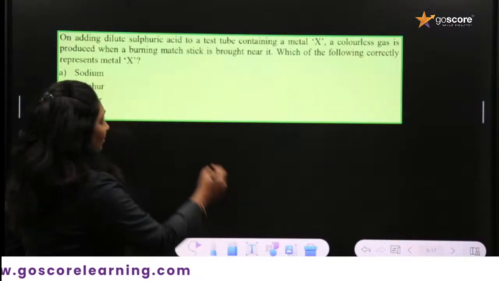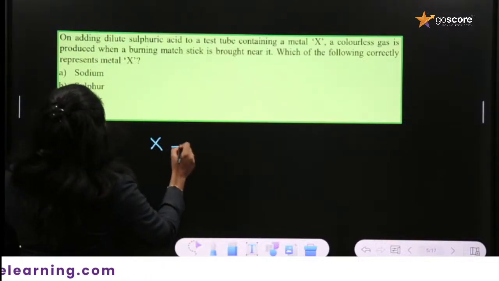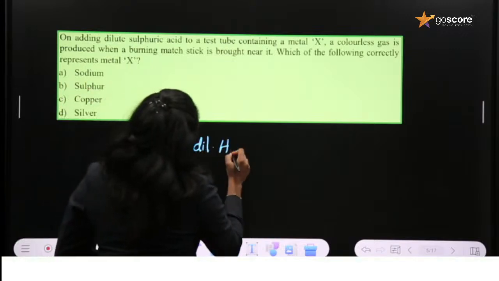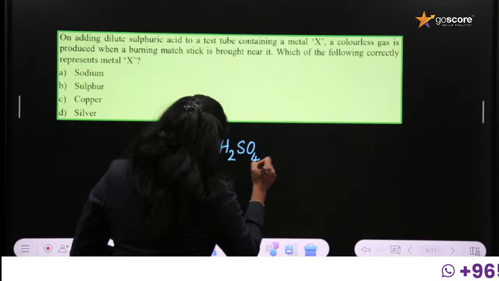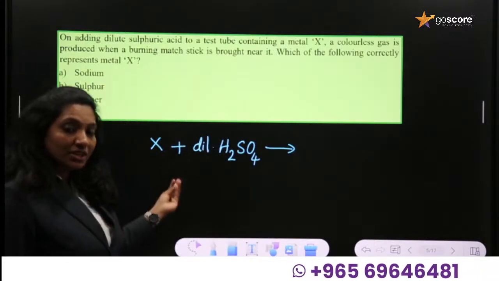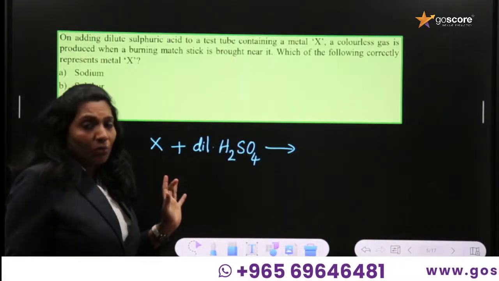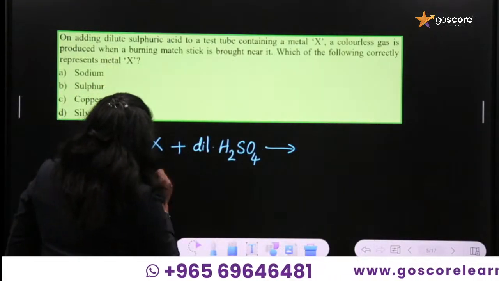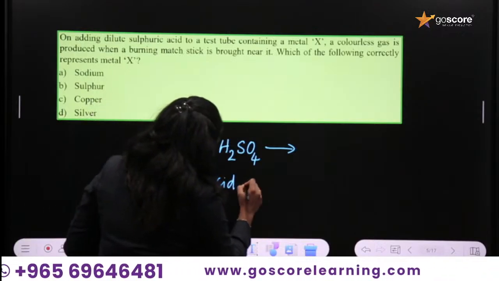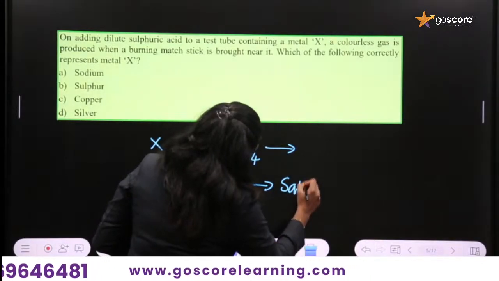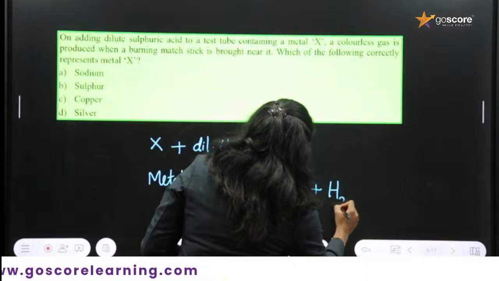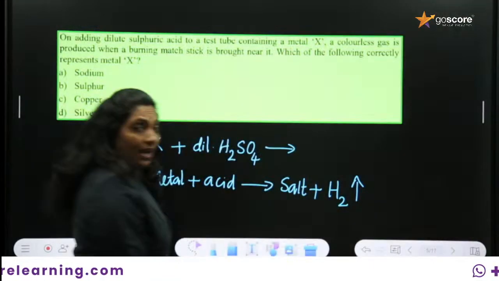So you have a metal X, and you are adding dilute sulfuric acid to that metal. Here the reaction is metal plus acid. What happens when a metal reacts with an acid? Do you remember? Yes, you will get salt plus a gas evolved. The gas evolved is nothing but hydrogen gas, right?